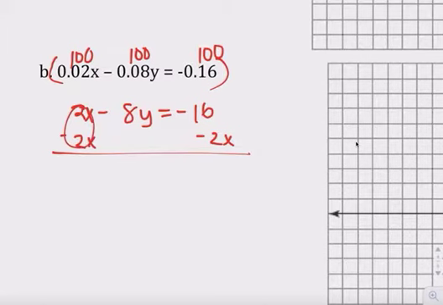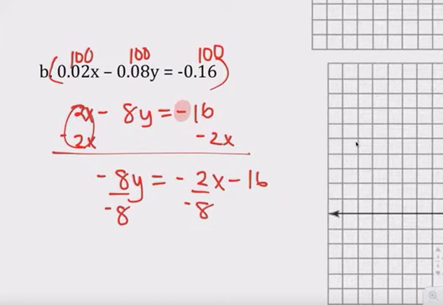Gets you 0. 0 minus 8y is negative 8y equals negative 2x. Because this is a minus, you make it a negative 16. Divide by negative 8 to all of them. Okay, y equals 1 over 4x plus 2.